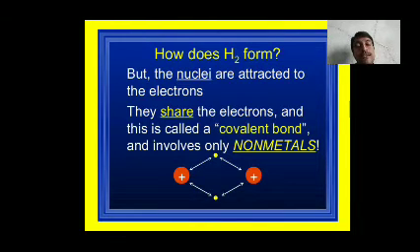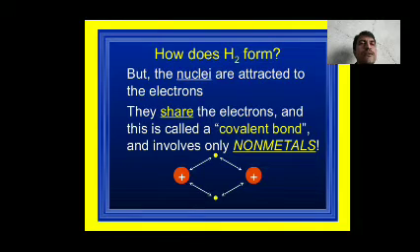Another hydrogen atom also has only one electron in its s orbital. The nuclei of these two hydrogen atoms attract the electrons by sharing two electrons, forming a covalent bond between the hydrogen atoms.